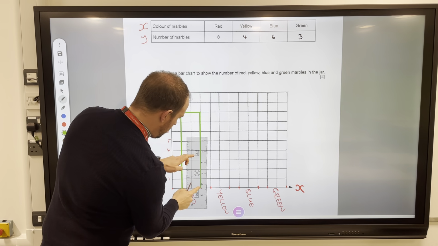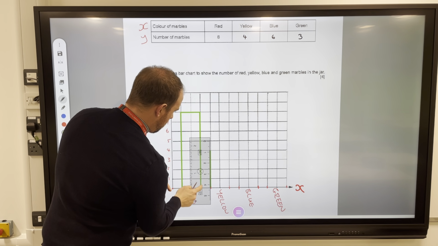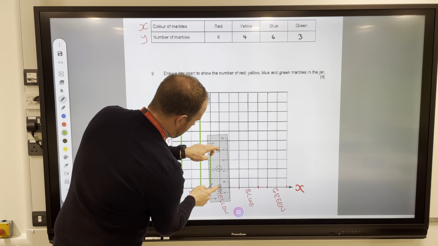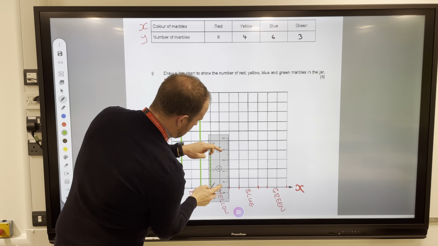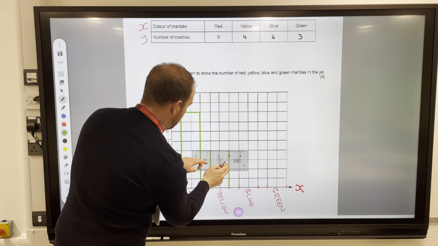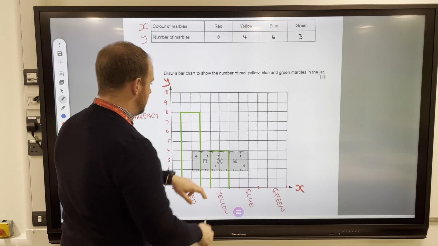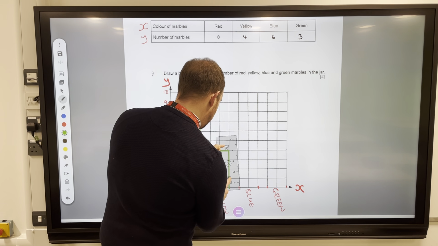Yellow is 4, don't forget the gap. Across to 4. Same on this side. You see I'm taking my time. Accuracy is key here, using the lines to help me. 4 yellow, 6 blue. Don't forget the gap.